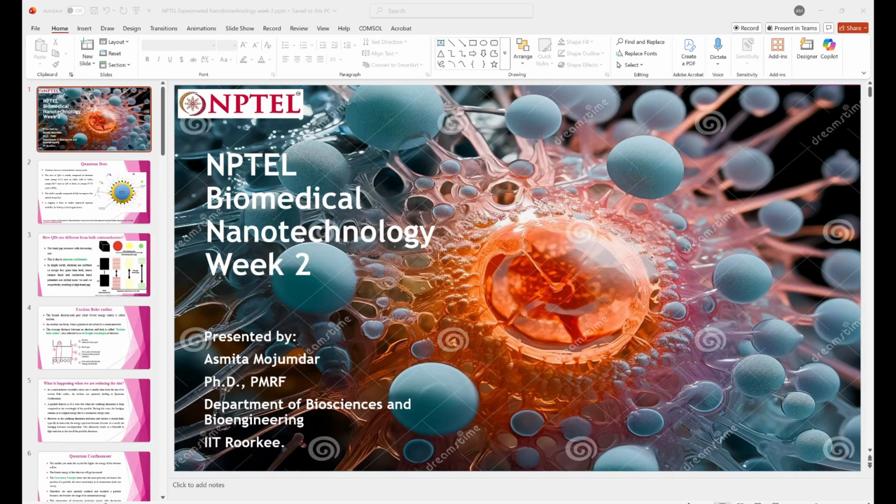Yes. Spectroscopy, correct. Specifically what kind of spectroscopy? Yes, okay. UV visible spectroscopy, and what else? Fluorescence spectroscopy, and what else?